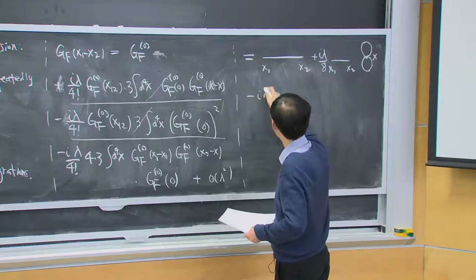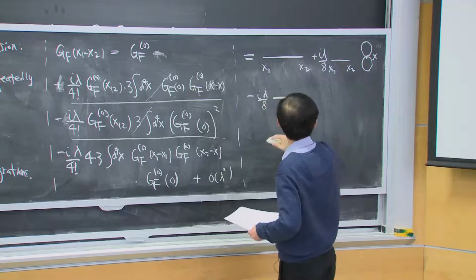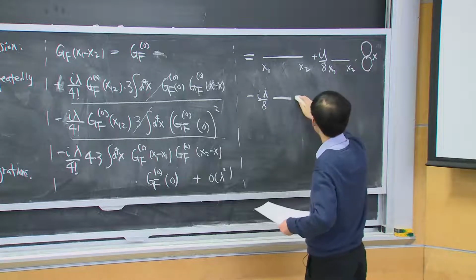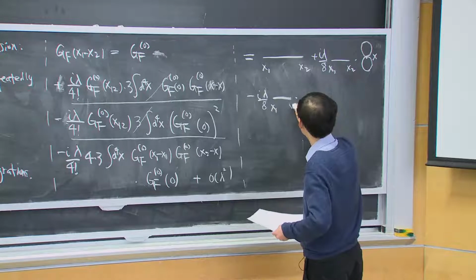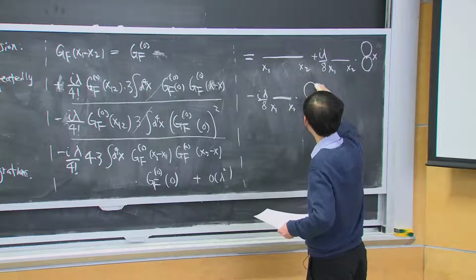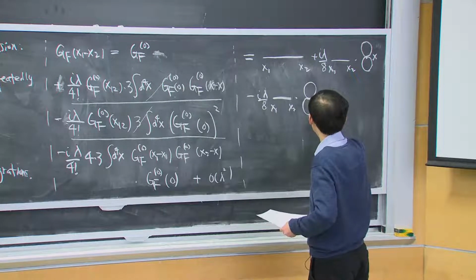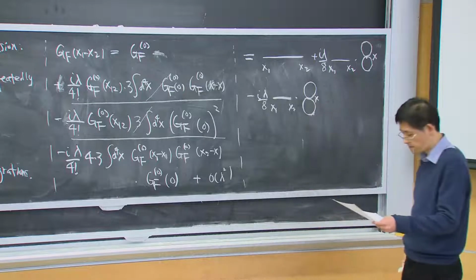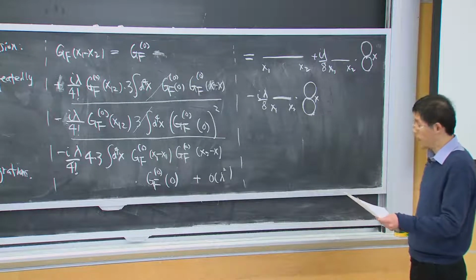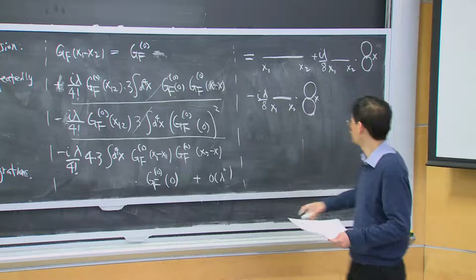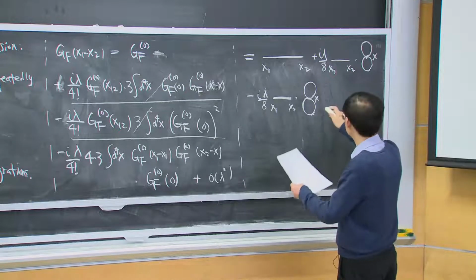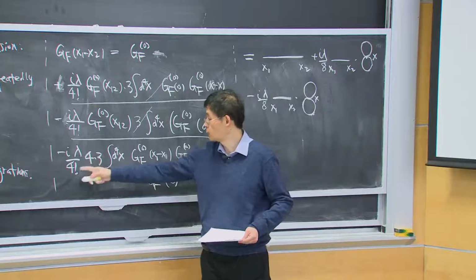It's iλ divided by 8. So this is times x1, x2, x. And then the last one, now this is 12 divided by 24.